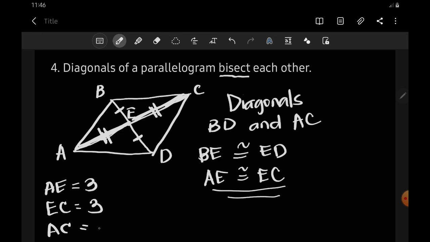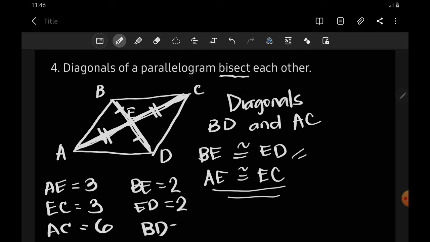So 3 plus 3, AC is equal to 6. The same goes with BD. For example, BE is 2. If that is 2, ED is also 2. For us to get the value of BD, yung kabuuan ng BE at ED, we just add BE and ED. So BD is equal to 4.